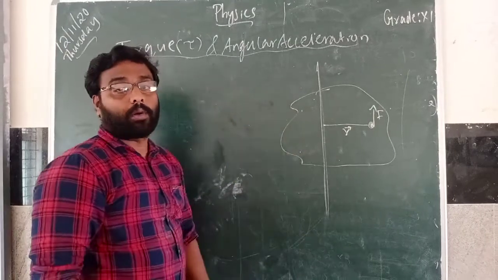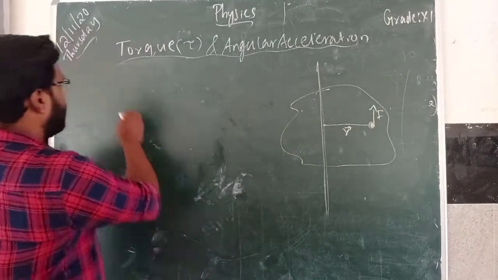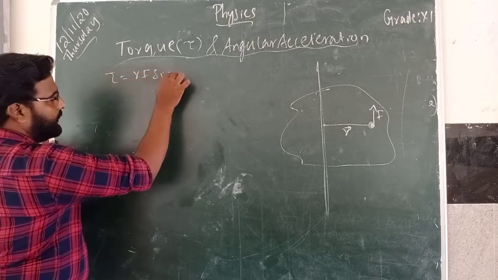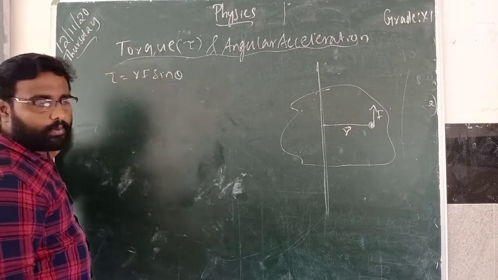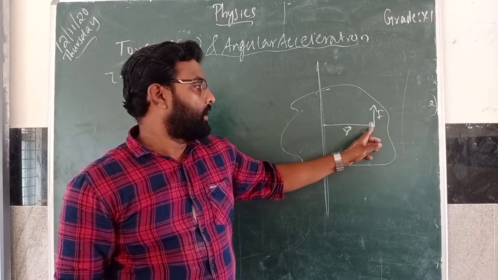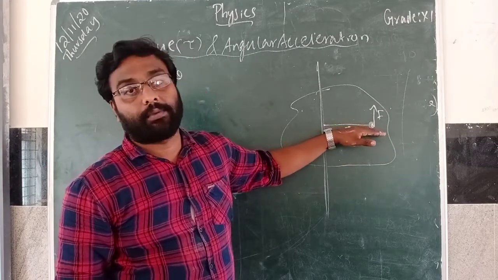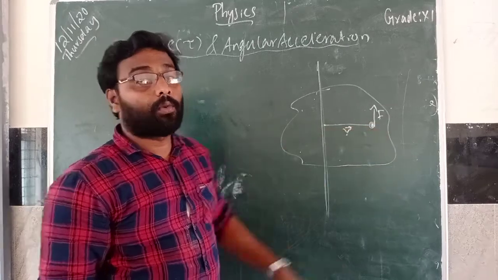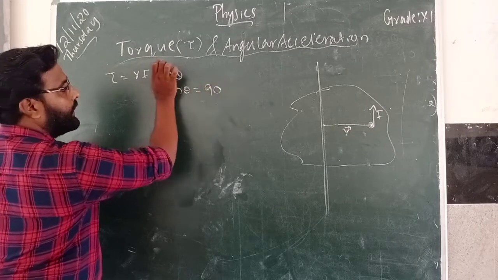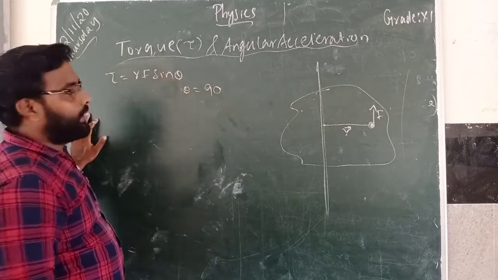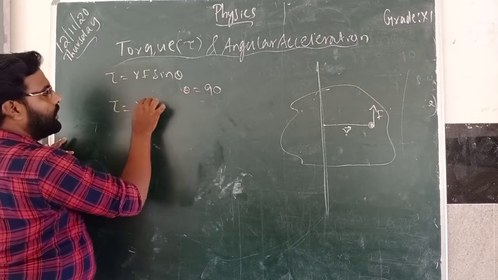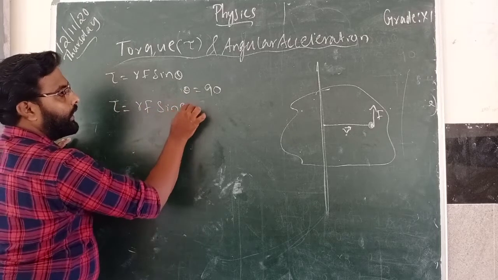So it produces torque. You can write the equation: torque is equal to R F sin theta. You see, the tangential force is acting at 90 degrees to this position vector, so theta is equal to 90 degrees. So torque is equal to R F sin 90.